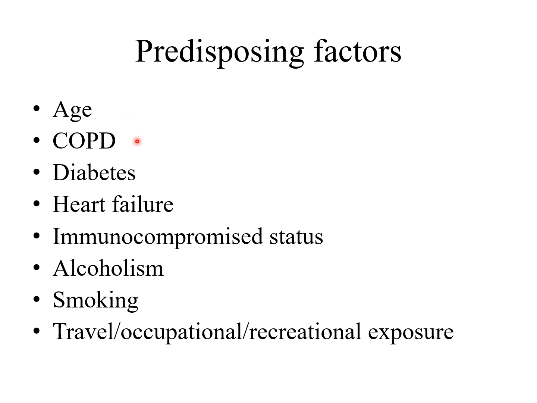Also, COPD and chronic lung illnesses also play a role in the causative microorganism. Chronic illnesses such as diabetes, heart failure, immunocompromised status, alcoholism, smoking, and also the travel history and occupation of the patient. Those who are working with animals, working with birds, are more prone to infections with atypical microorganisms.